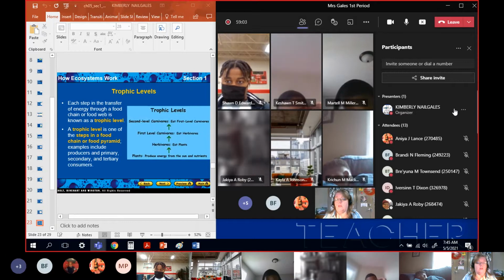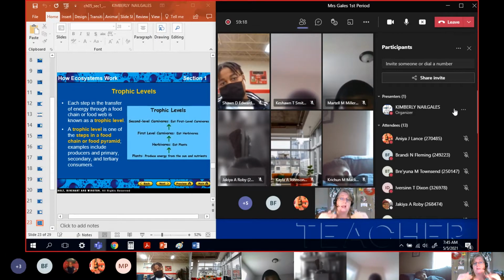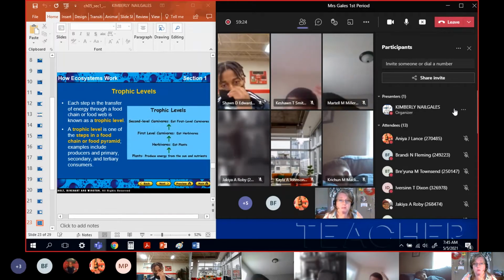And then I said heterotroph, which is the other word for consumer. Hetero means from the outside or different than. So heterotrophs have to eat something from the outside. And now I'm saying trophic levels, and they're called feeding levels. So the suffix troph means to eat or to feed.